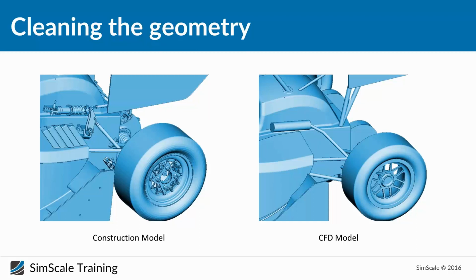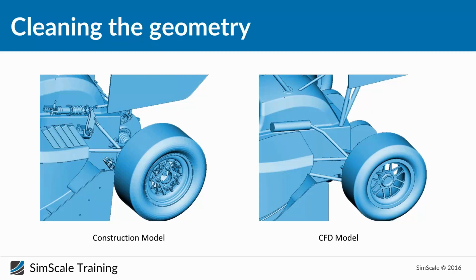Another example that you can see here is that we have a lot of elements in the suspension system, and we have simplified all these components and assembled them together in one cylinder that will give you approximately the same results, especially if you are working with the RANS, or Reynolds-averaged Navier-Stokes, approach.